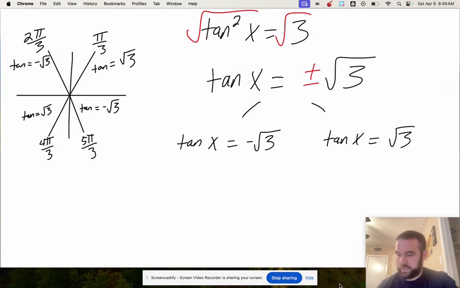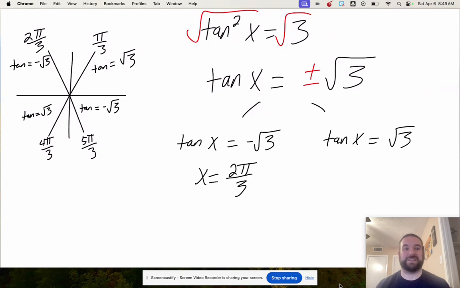So here for tan x, I've got x is equal to, the first time that tangent is equal to negative root 3 is at 2 pi over 3. And then it's equal at 5 pi over 3. And this is where I don't need to say 2 pi over 3 plus 2 pi k and 5 pi over 3 plus 2 pi k.